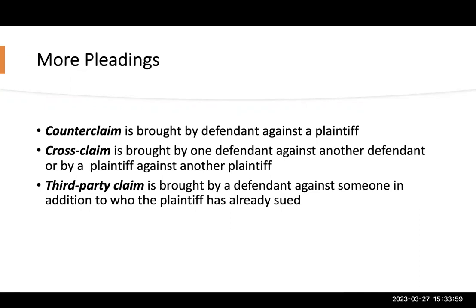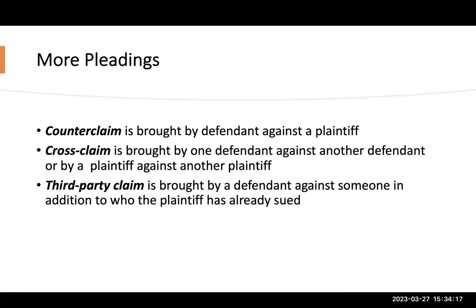An example of a counterclaim might be, say, a material supplier supplied materials to be used in a construction project and wasn't paid. They sue the person that bought the materials, claiming that they're not paid.